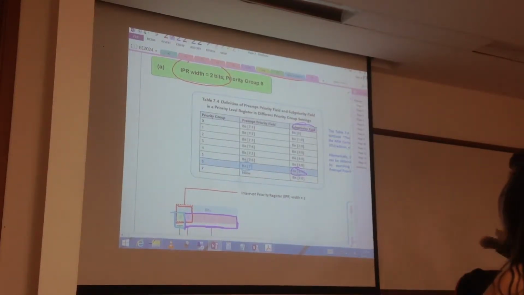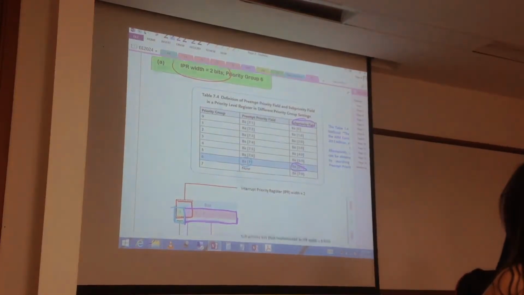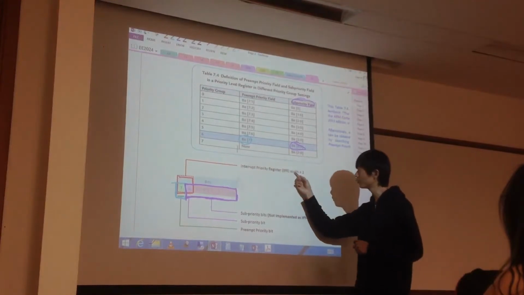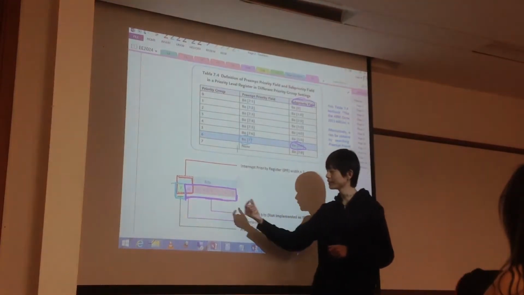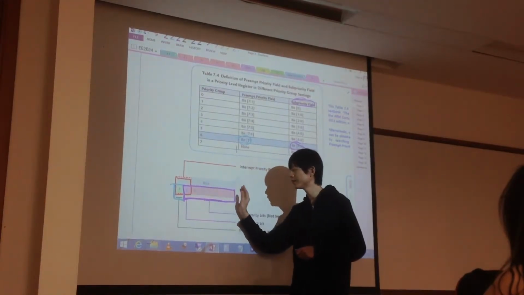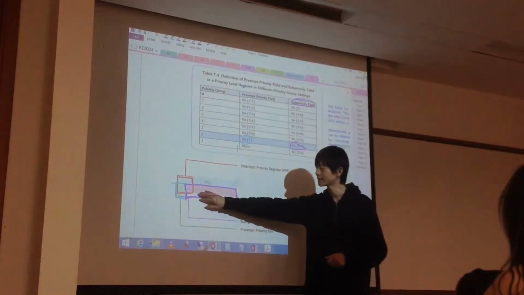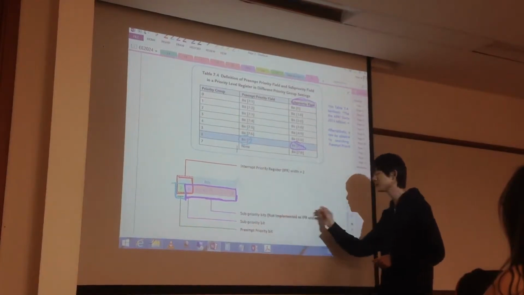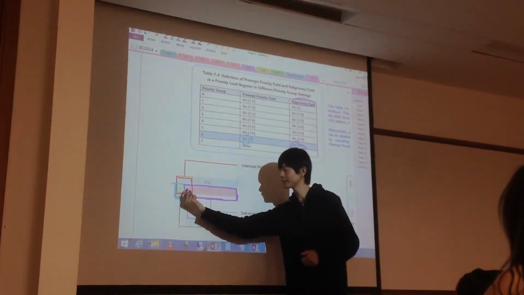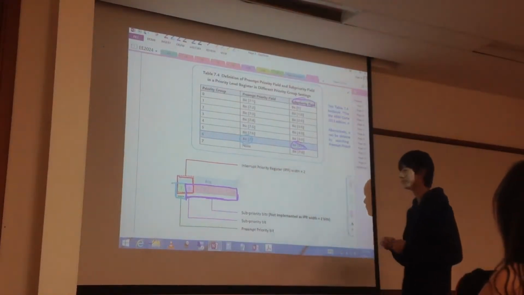Well, everything is now settled. But, like we said, since the IPR width is 2, it means we are only looking at the 2 most significant bits. We ignore all the rest. Whether it's defined as sub-priority or not, it doesn't matter. We are only looking at bit 6 and 7.